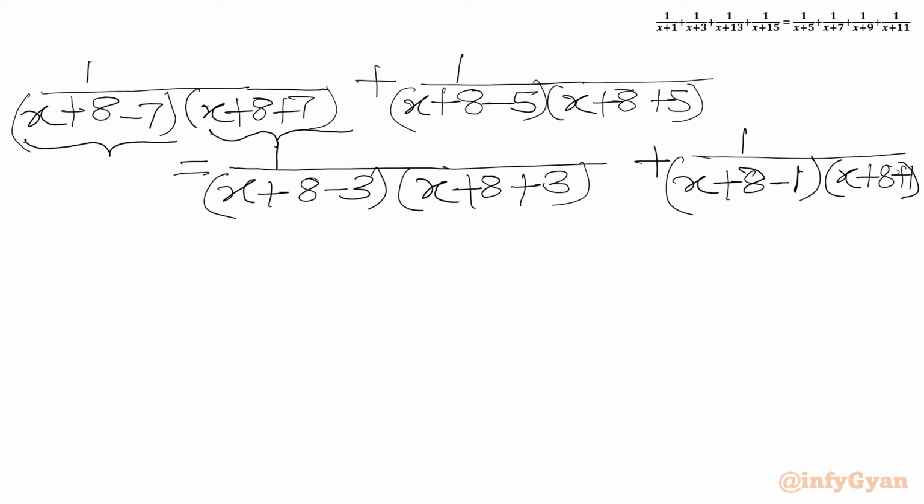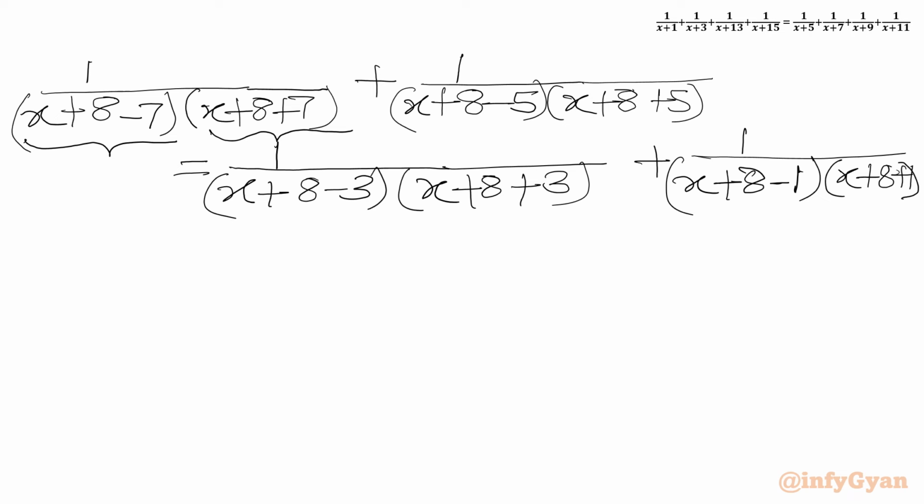So we will write 1 over x plus 8 whole square minus 7 square plus 1 over x plus 8 whole square minus 5 square equal to 1 over x plus 8 whole square minus 3 square plus 1 over x plus 8 whole square minus 1 square.